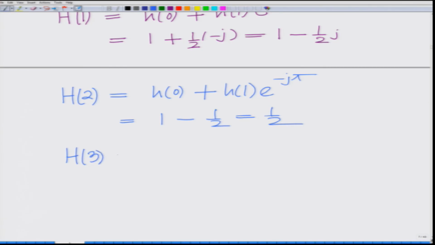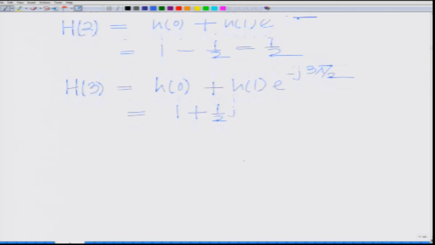Capital H3 is the channel coefficient across the third FFT point or third subcarrier. This is small h0 plus small h1 into e power minus j 3 pi by 2 equals 1 plus half j.